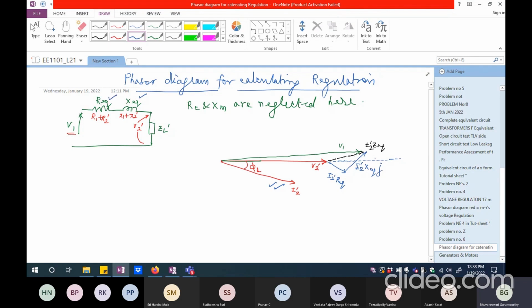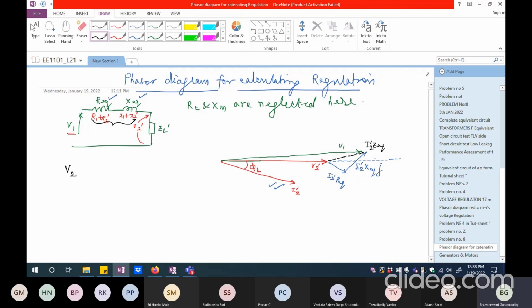When you add these two, what I get, shown in the black color, is I2 dash times Z equivalent. That is the total drop that is taking place in these two elements put together.